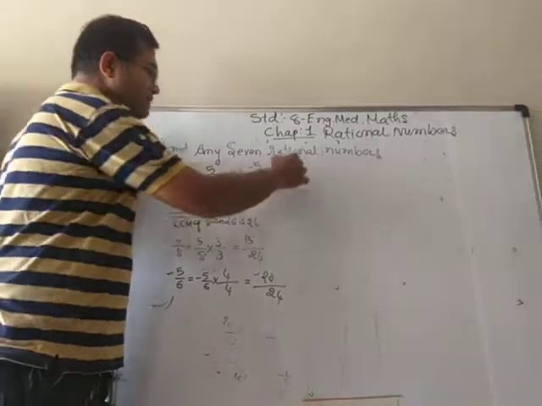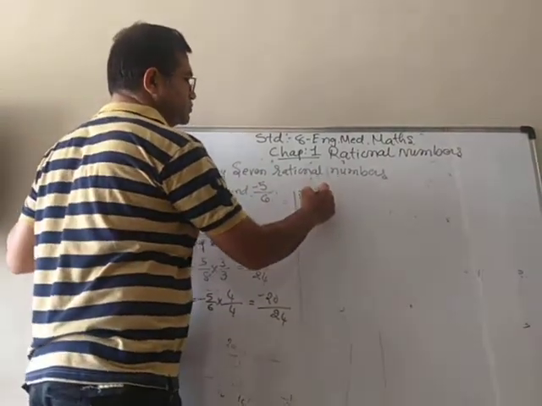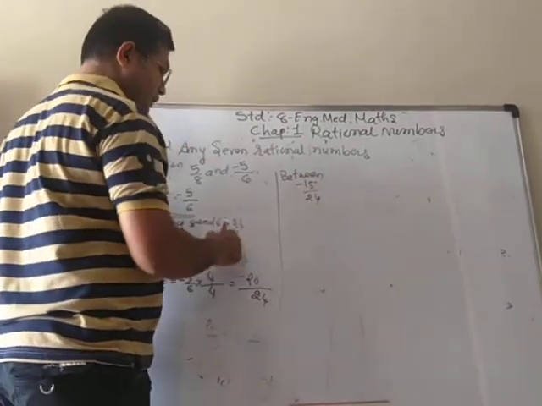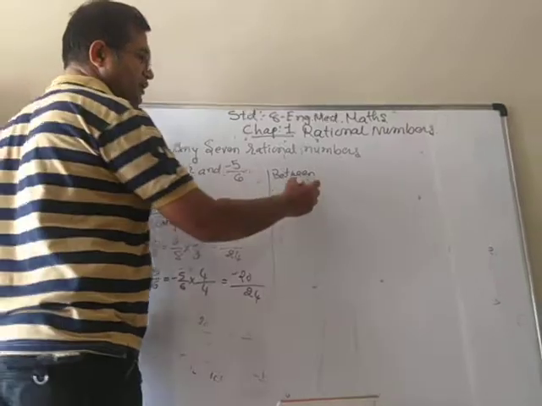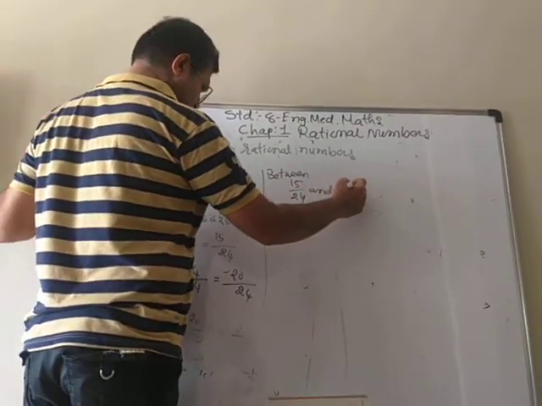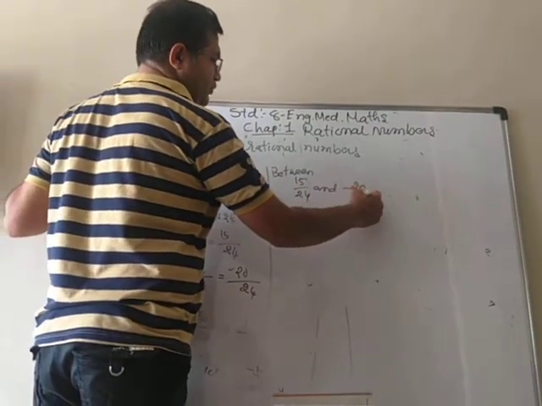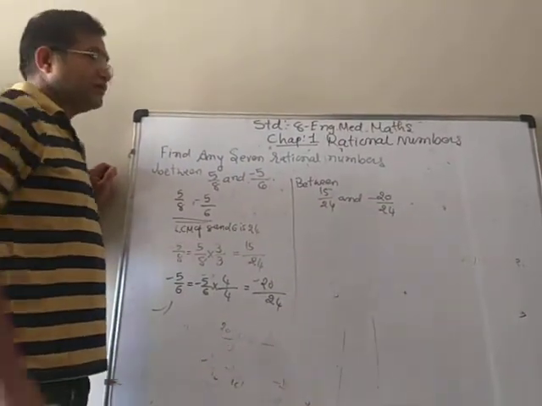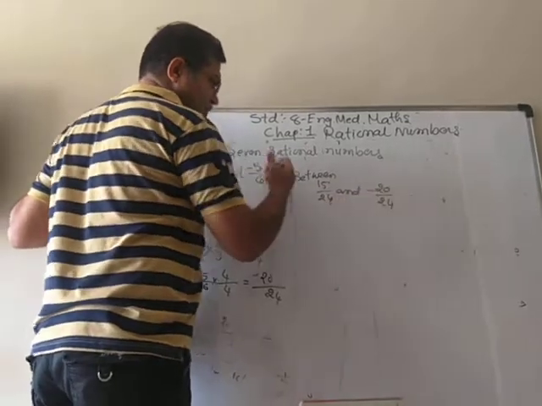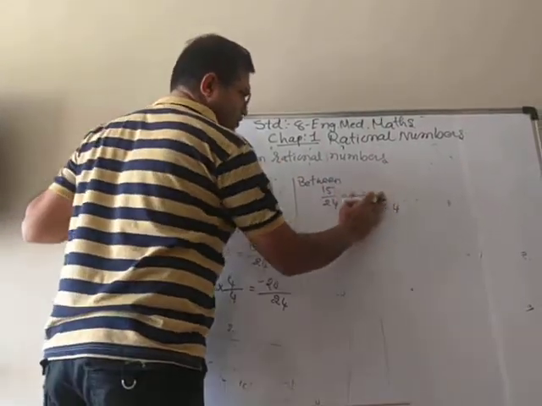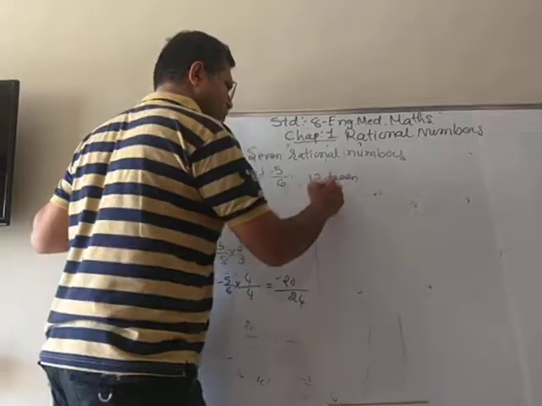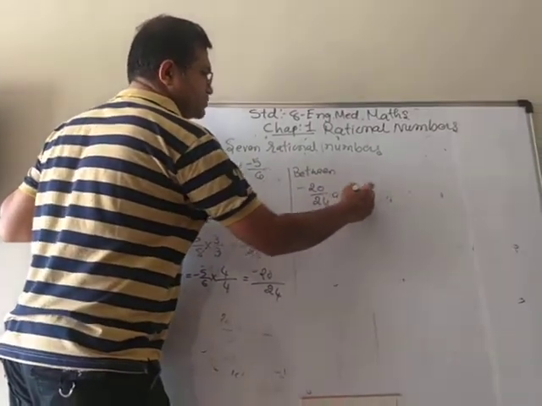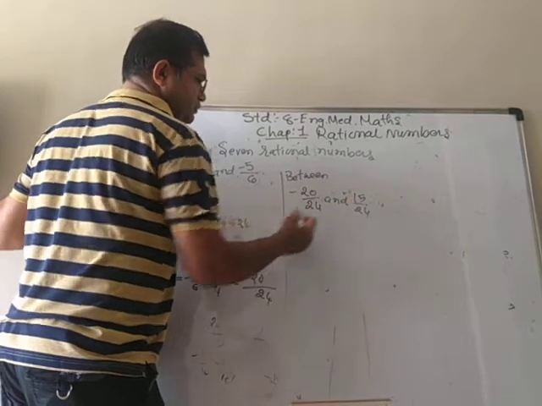So now between 15 upon 24 and minus 20 upon 24, you can see there are lots of numbers. We can start from minus 20, so we can write it in reverse: between minus 20 upon 24 and 15 upon 24.